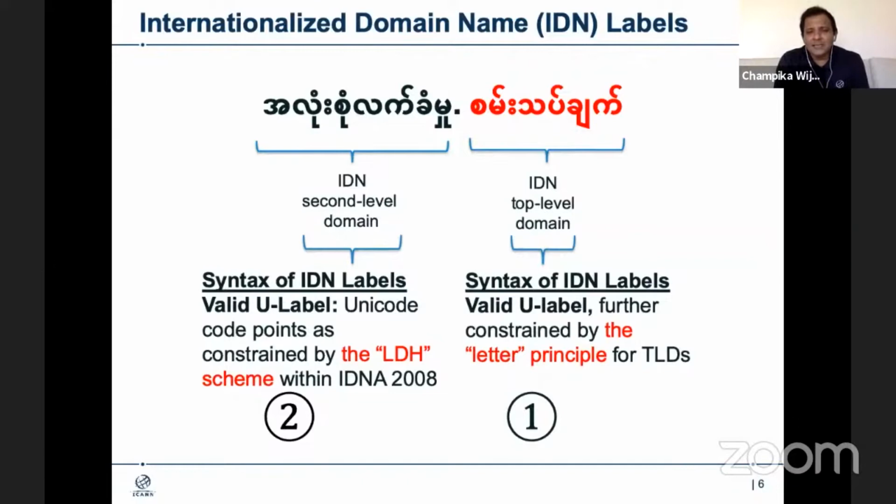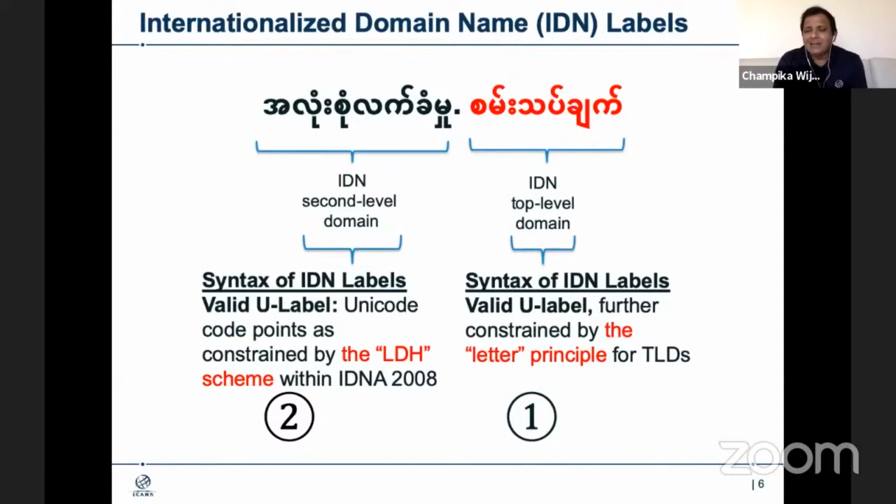So in this, again, those rules that I mentioned to you are being applied, that we cannot use numbers in top levels and so on. So those rules will be applied. And these rules are all defined in a standard called the IDNA standard. IDNA stands for Internationalized Domain Names for Applications 2008.